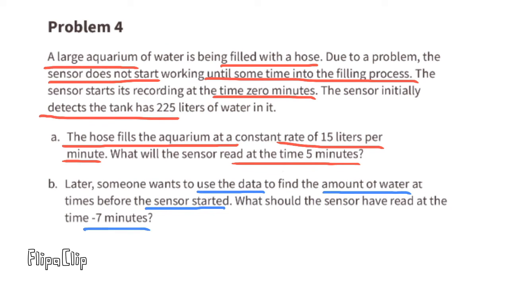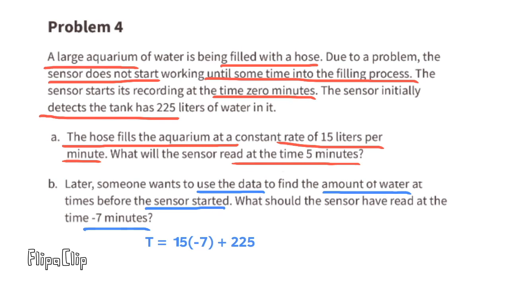B. Later, someone wants to use the data to find the amount of water at times before the sensor started. What should the sensor have read at the time negative 7 minutes? We can use the previous equation, but we'll substitute the 5 with a negative 7. Now we have T equals 15 times negative 7 plus 225.